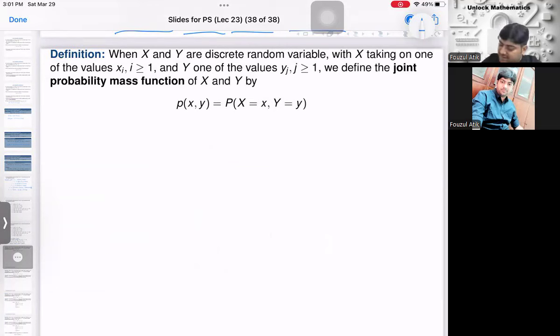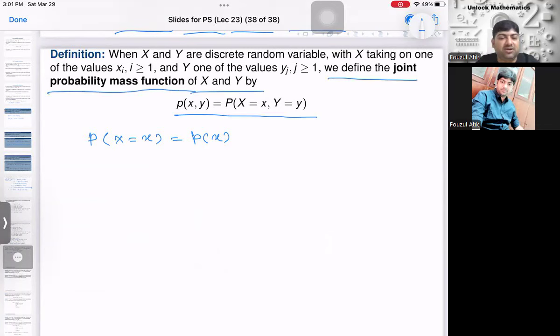We know the probability mass function of x is P of X equal to x, which is small p, or probability of the event x at a particular value x. The same way, the joint probability mass function of x and y is defined by pxy, which is probability of X equal to x, comma Y equal to y.